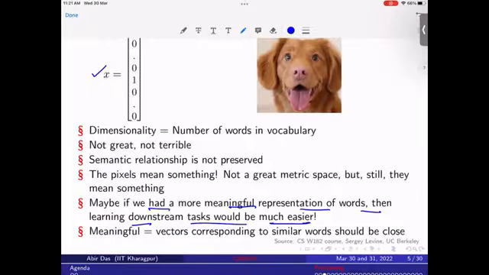Because what did we say? If we have a good English language model, it will have to understand how English sentences are formed, or what English sentences are more probable. But it is not exactly the case.